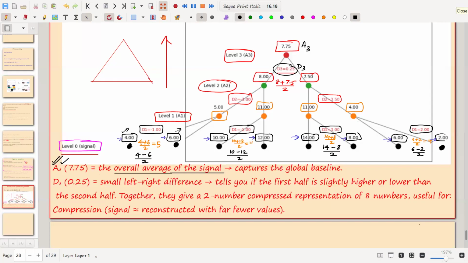Of course, there are some errors. You might not be able to reproduce the original dataset exactly, but it is a kind of nearby representation. Therefore 7.75 is known as the representative dataset or average baseline compared to the whole data you have.